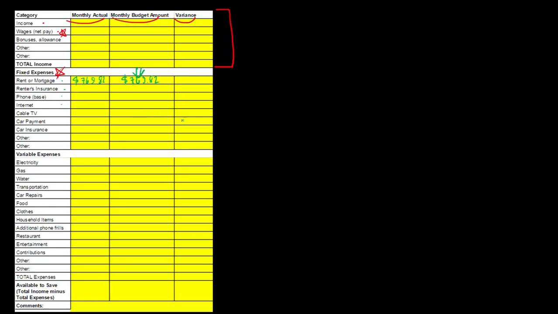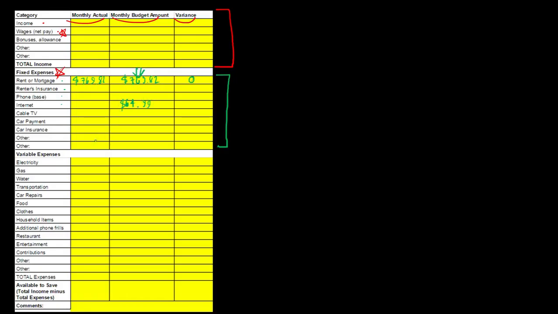My variance is the difference between the two. Now, because this is a fixed expense, it is unsurprising that there's a 0 variance, okay? In fact, it would be unsurprising if this whole part had a 0 variance because these are fixed expenses that we can anticipate. However, let's say, for example, for internet, I have a monthly charge of $64.99.